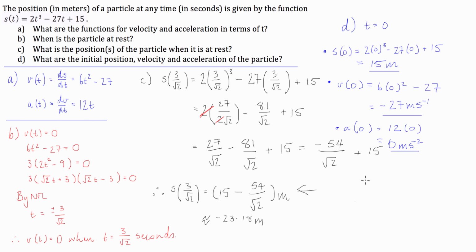So, just recapping, we know that velocity is equal to the derivative of displacement, and we know that acceleration is equal to the derivative of velocity, or you can also say it is the double derivative of displacement.